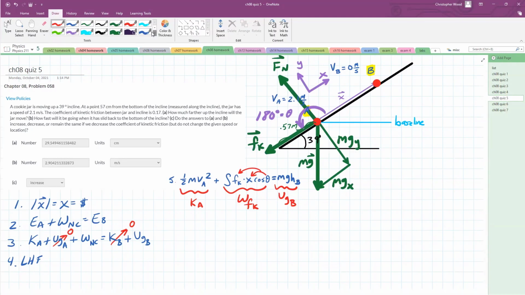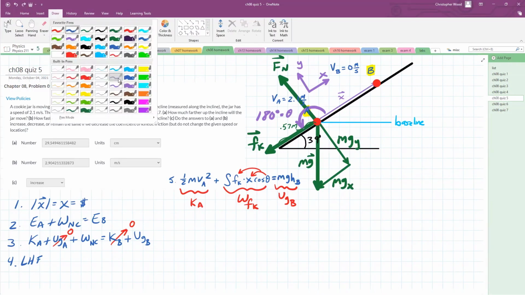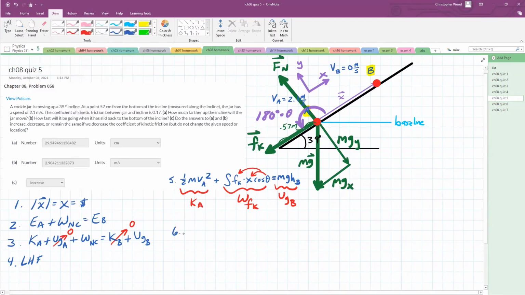Number 6 then becomes 1/2 mVA squared. And I know all of that numbered. Well, I don't know mass. I'm not going to worry about that right now.